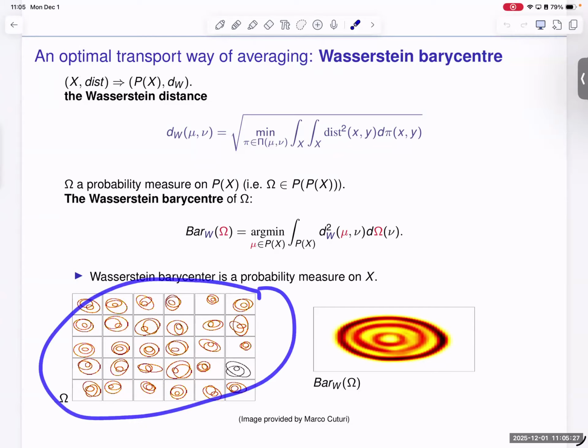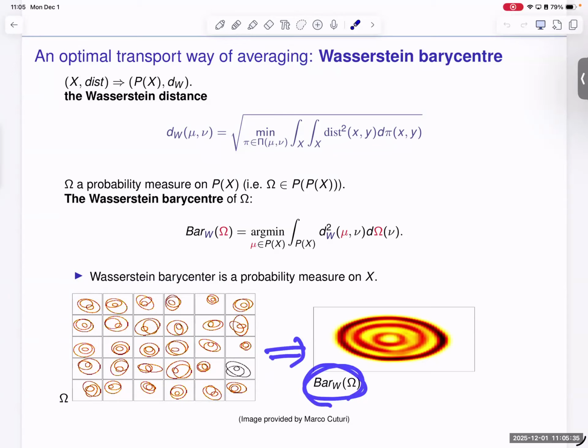Now, so the Wasserstein barycenter is like this. Given omega, the distribution of, let's say, probability distributions, you have this kind of mapping from omega to this Wasserstein barycenter. Then what kind of properties does this mapping have, as a function from omega to this Wasserstein barycenter?